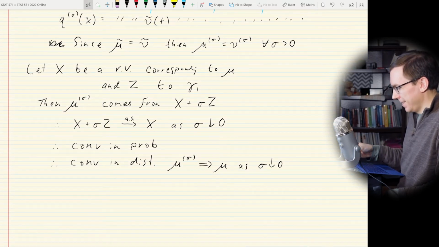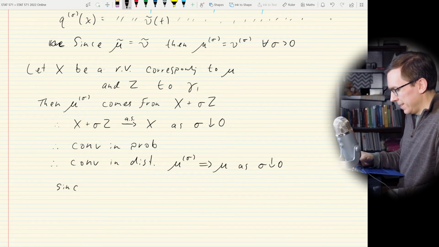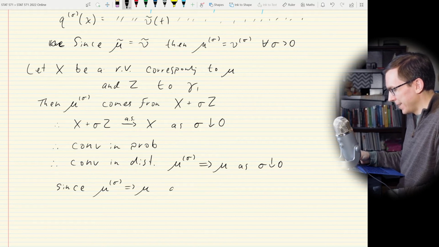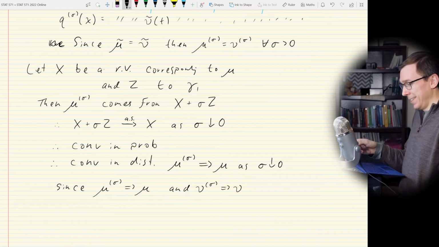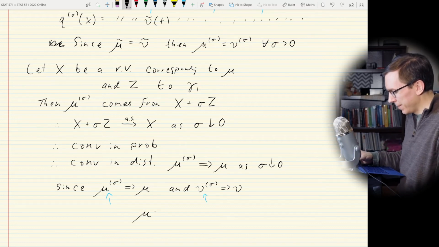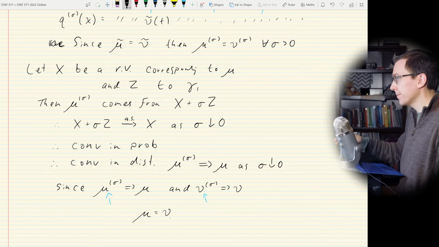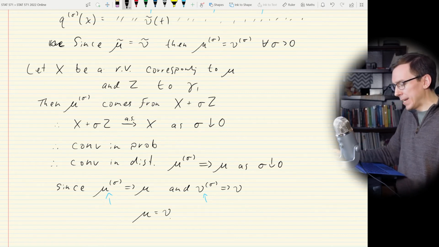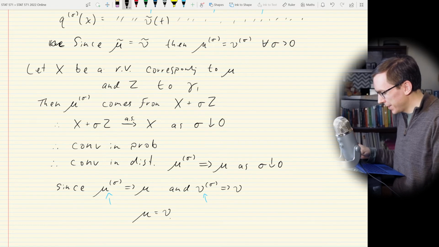And since we have mu sigma converging weakly to mu and nu sigma converging weakly to nu, and this guy and this guy are the exact same sequence, we have that mu is equal to nu. And the limit is unique, right? The limit has to be unique in this case. QED.